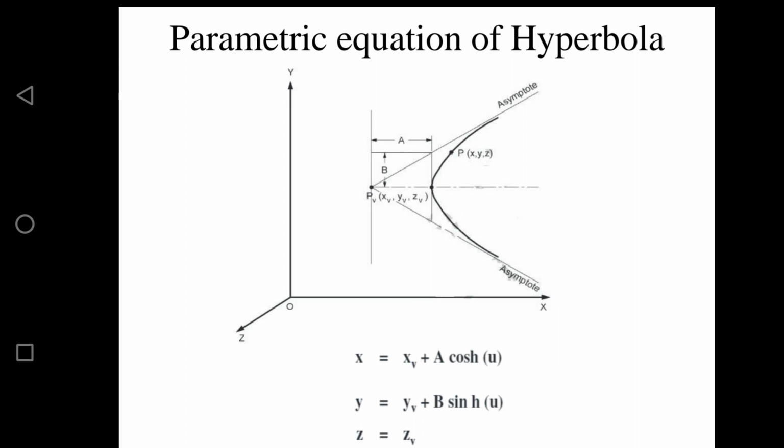We use cosh and sinh because they are hyperbolic functions, and u is your independent parameter.